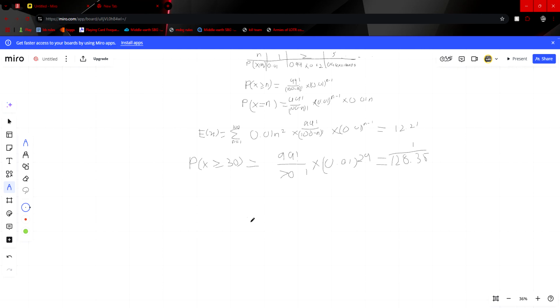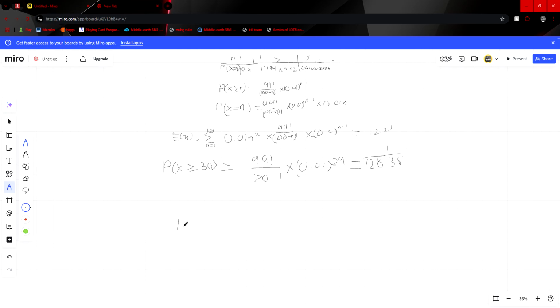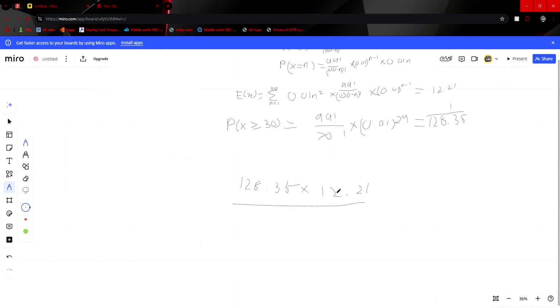So from this, since we have the number of turns and the number of clicks per turn, this is not correct, but it's sort of fine. That's the number of clicks you'd expect to reach 30, because that's the number of turns and that's the number of expected clicks per turn.